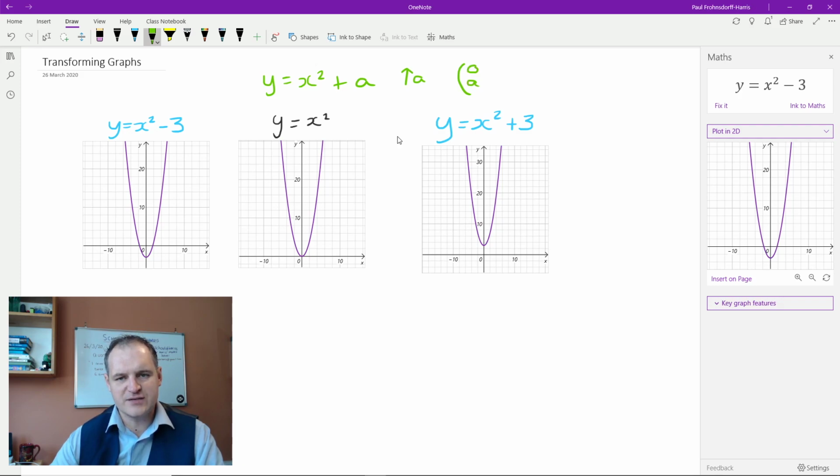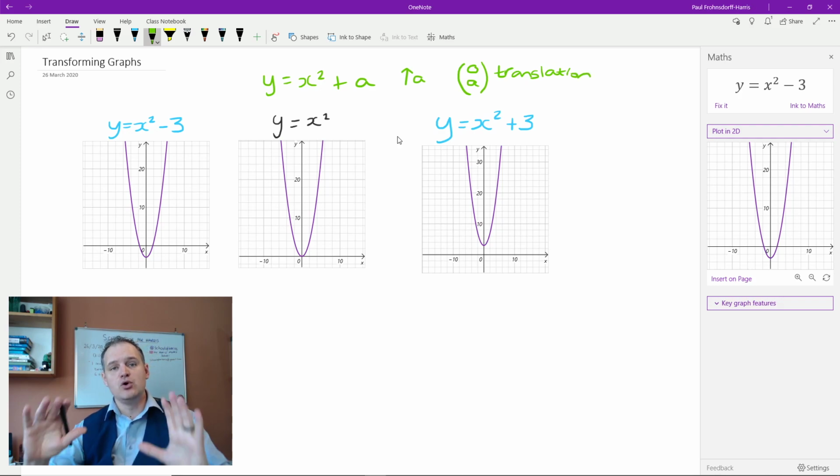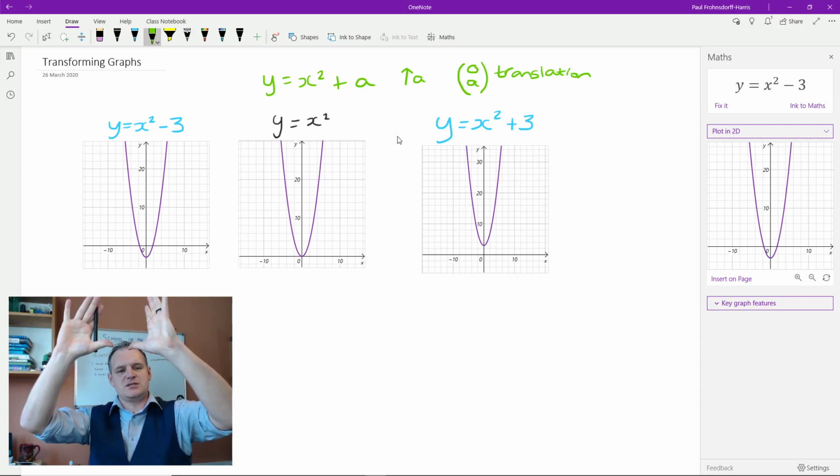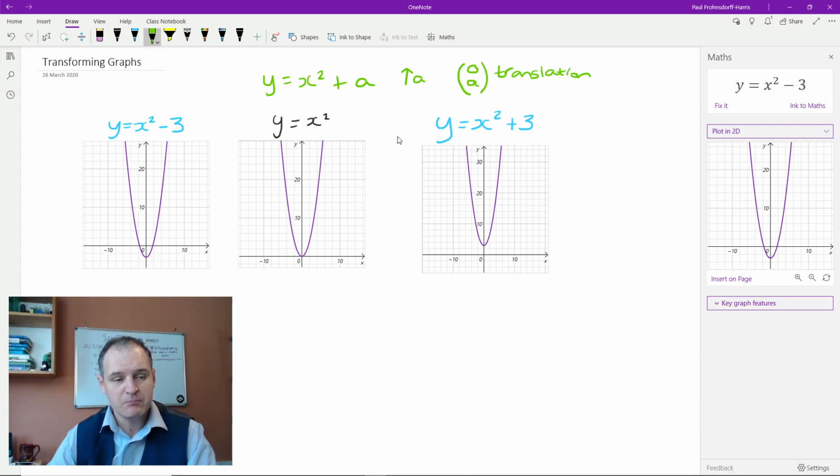As we know with vectors, if you've done any vectors so far, the top number is how far you move right or left, and the bottom number, which we're calling a because it's an unknown number, is how much you're going up or down. And we would call this a translation, because we are translating, we are moving the entire graph up a spaces. So in this case, the one I did in blue was up and down 3.